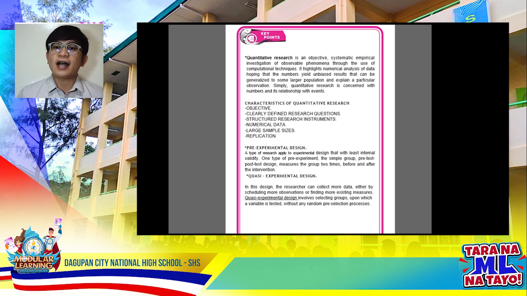So you also have there the kinds of quantitative research. You have your experimental design that includes pre-experimental design, quasi-experimental design, and your true experimental design. The second category is the non-experimental research design that includes your descriptive form.